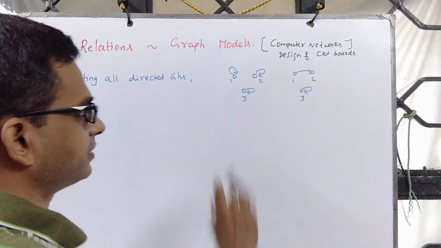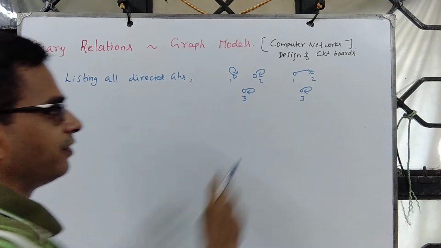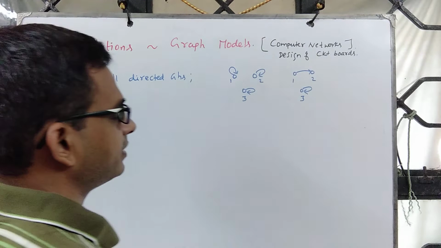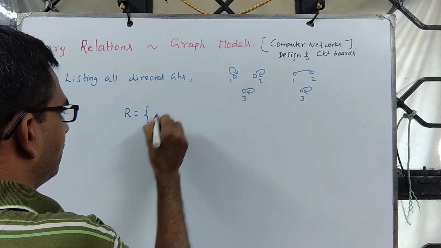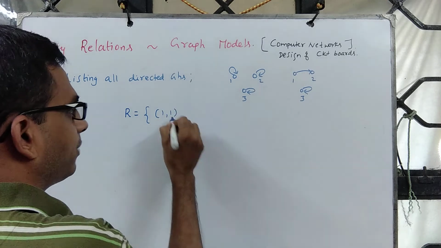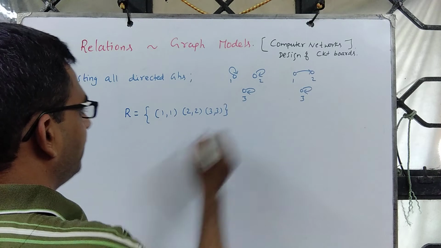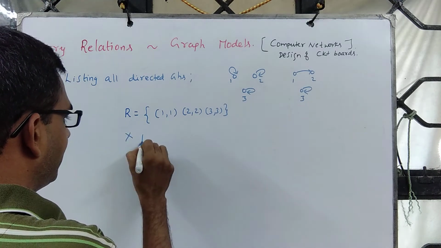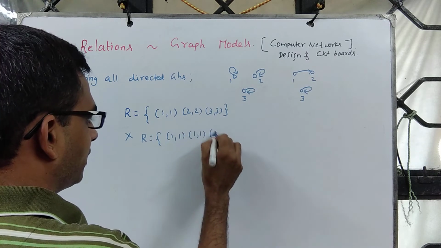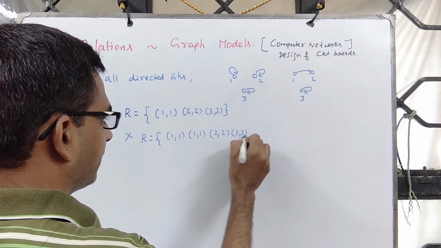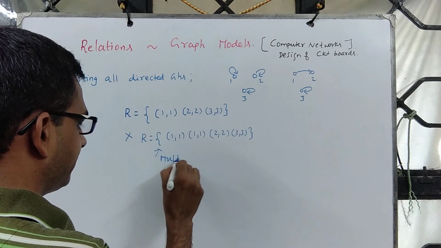And the only thing is, when we draw graphs, we may draw parallel edges, but when you see a relation as a set, for example {(1, 1), (2, 2), (3, 3)}, we don't write R as {(1, 1), (1, 1), (2, 2), (3, 3)}. Then this becomes a multi-set.